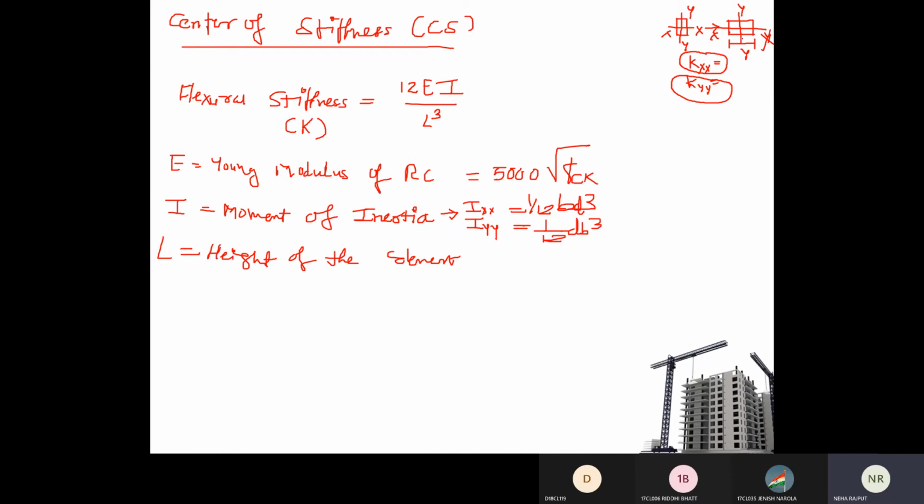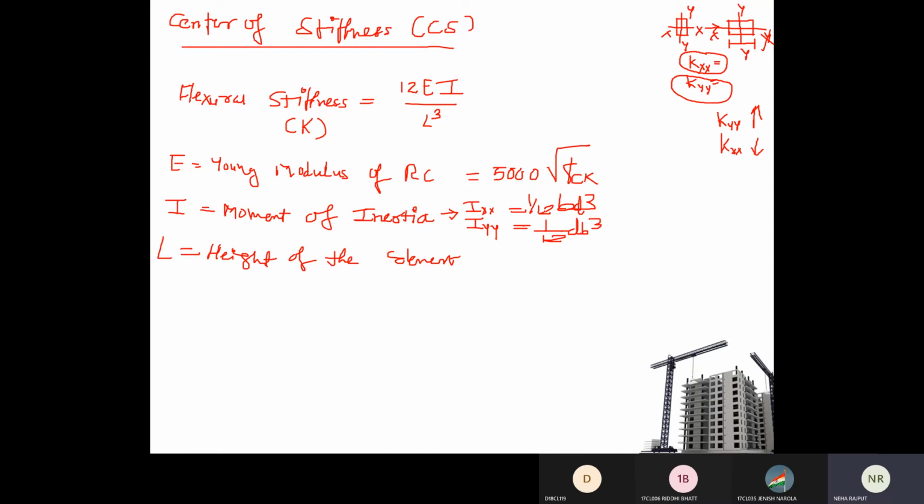So in this case, which stiffness is more? Kyy will be more and Kxx will be less. So sometimes if your column is failing in y direction, then you can change the orientation of the column, right? So you can find the moment of inertia, and L is the height of the element.